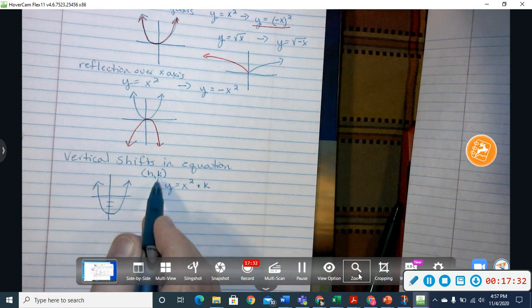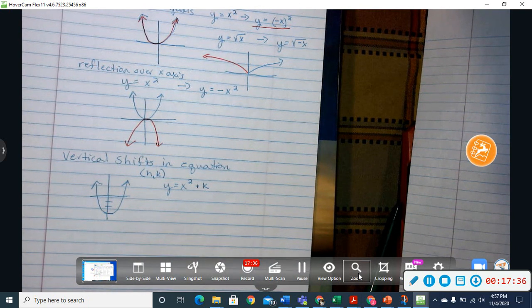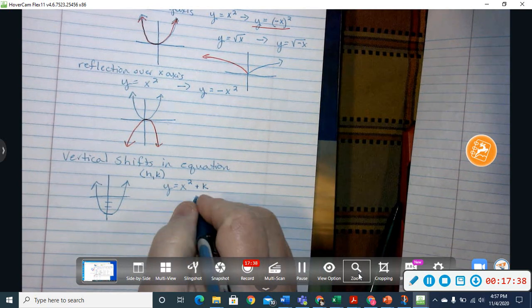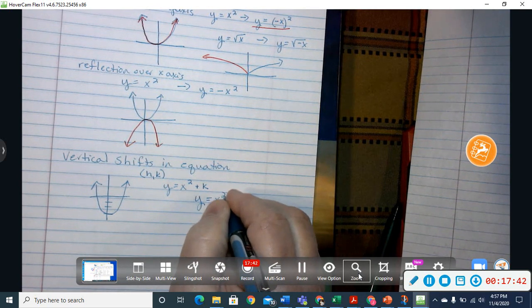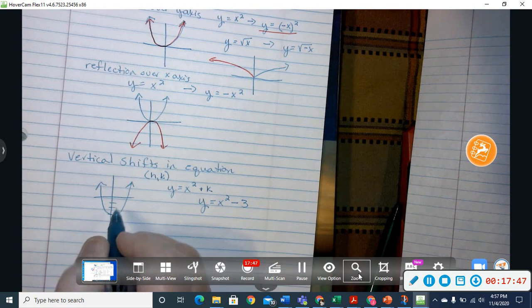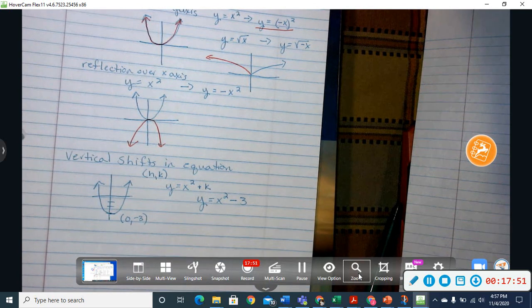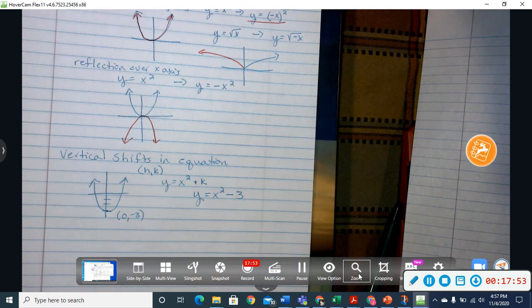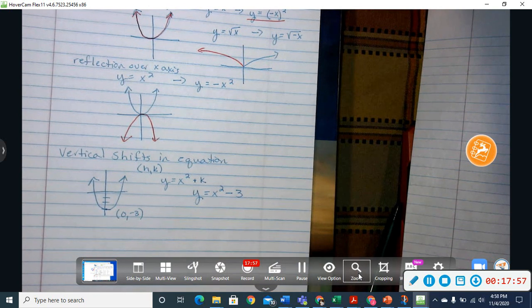So the k part of the vertex is going to go outside of the equation, so that makes our equation become y equals x squared minus 3, because the graph shifted down 3 to (0, -3). So the vertical shifts are going to change the equation on the outside of the x squared part.